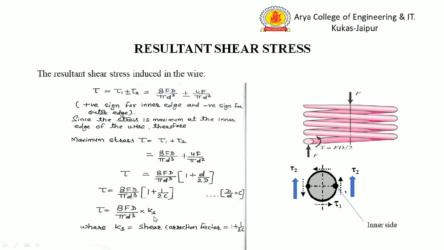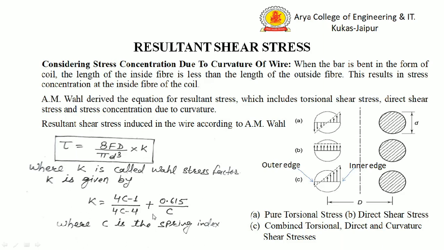So the final resultant stress in the spring is tau is equal to 8FD upon pi d cube times K, where K is called the Wahl stress factor, given by Wahl, and K is equal to (4C minus 1) upon (4C minus 4) plus 0.615 divided by C, where C is the spring index.